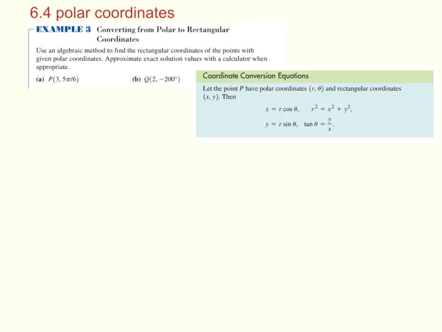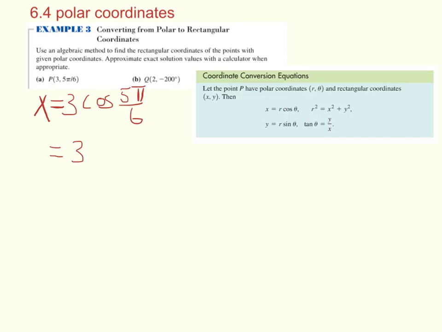So as we start with example A, the point 3, 5 pi over 6, we know that x is going to equal 3 times the cosine of 5 pi over 6, which is negative root 3 over 2.